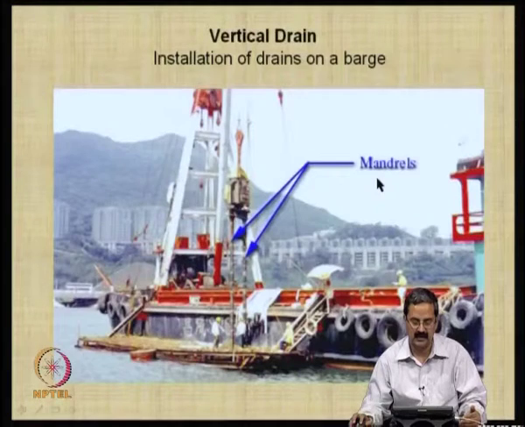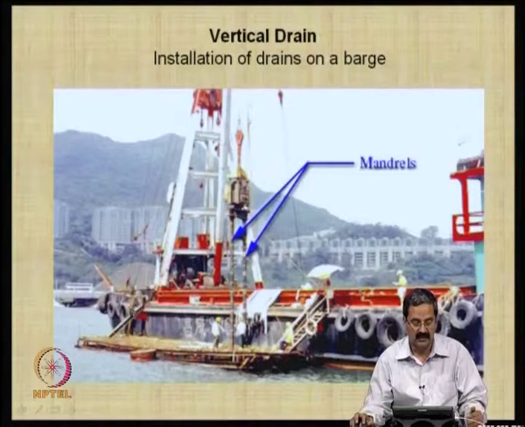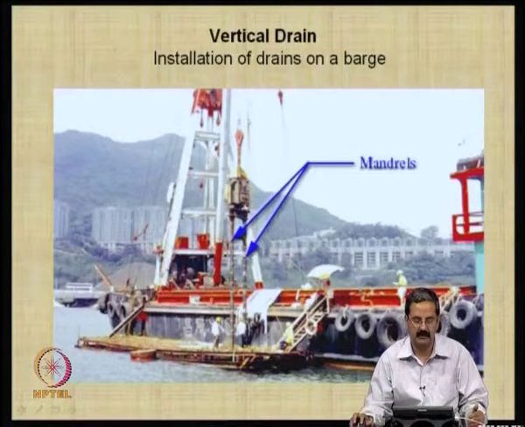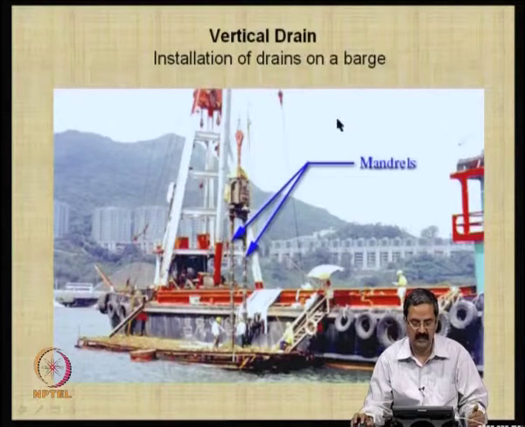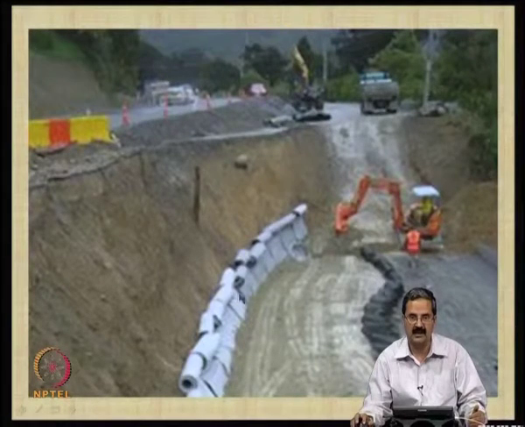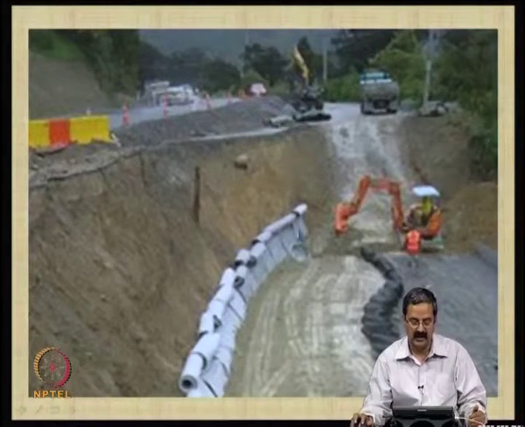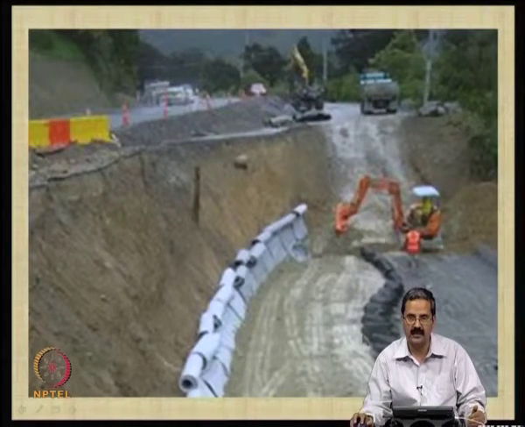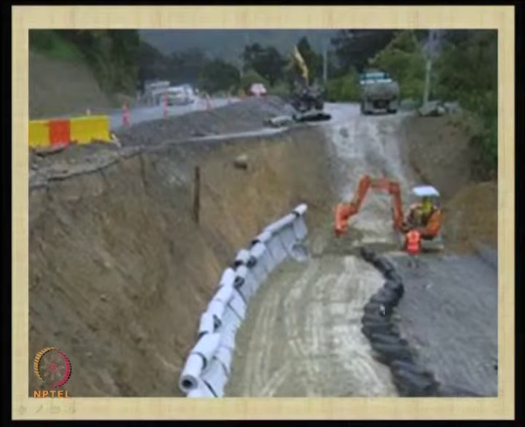That is very important. In fact, see the installation from a barge: the mandrels are being handled from there. The soil is so soft in some places that you may have to work from a barge. So one should be very careful. This is another typical example, where you use PVDs because you are constructing an extra slope here.